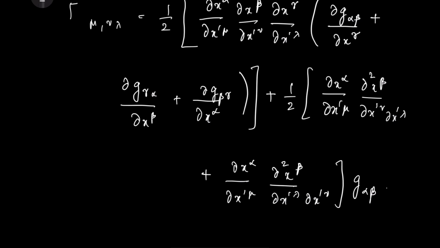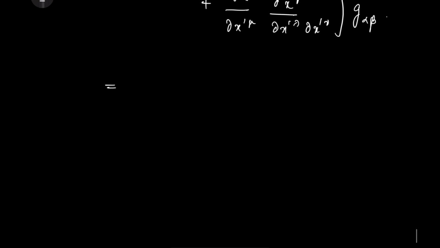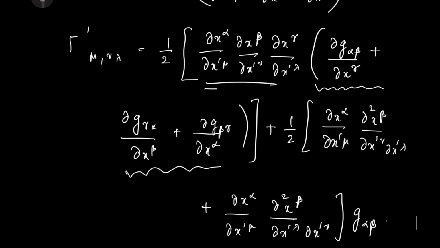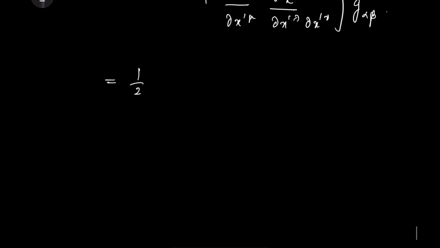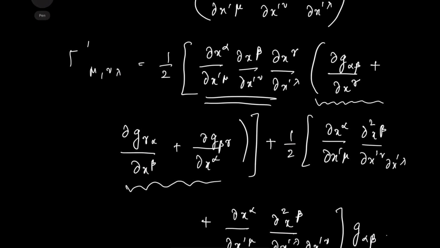Okay, so here we can see that this term is Christoffel symbol of first kind. So I can write this is equal to half of this as it is. The half will not come out, because the half will be with this bracket, then only it will become the Christoffel symbol of first kind.